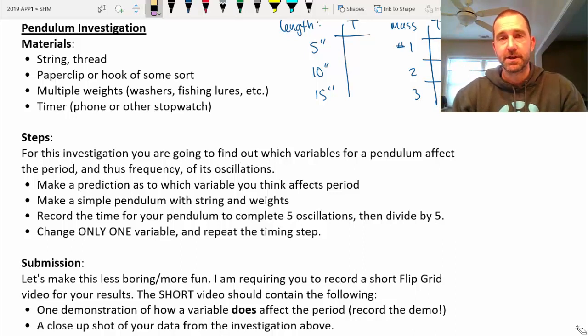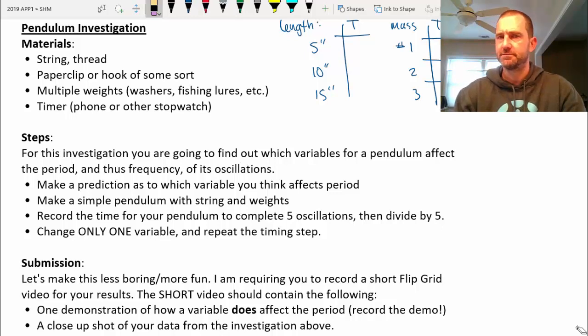If you have a school email account, you already can create a Flipgrid account. If you access the Flipgrid assignment, it's going to be called Pendulum Investigation. If you access that through the Canvas assignment, you're automatically connected using your Canvas account, and you upload the video there and I'll be able to watch it.